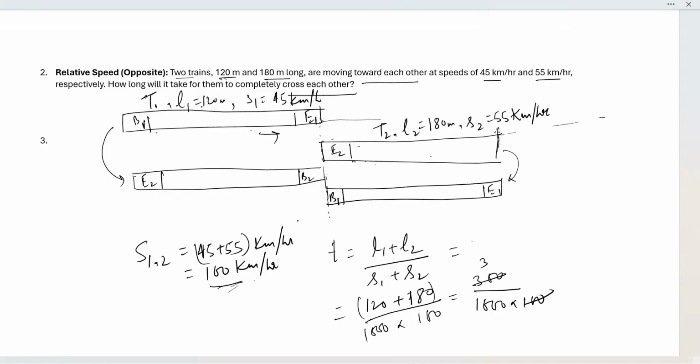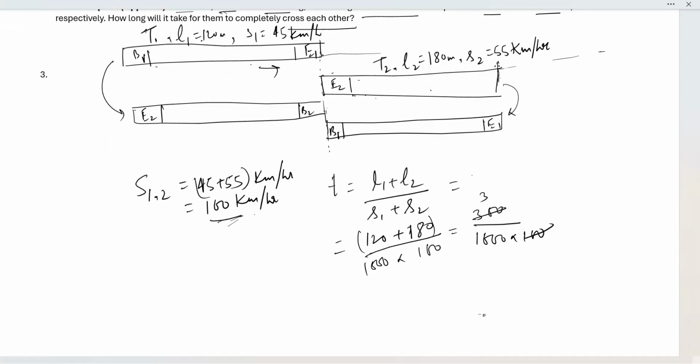Since we took everything in kilometers above and kilometer per hour below, this will be in hours. So it will take 3 by 1000 hours. Obviously, the answer is correct, but it's better if we can express it in seconds.